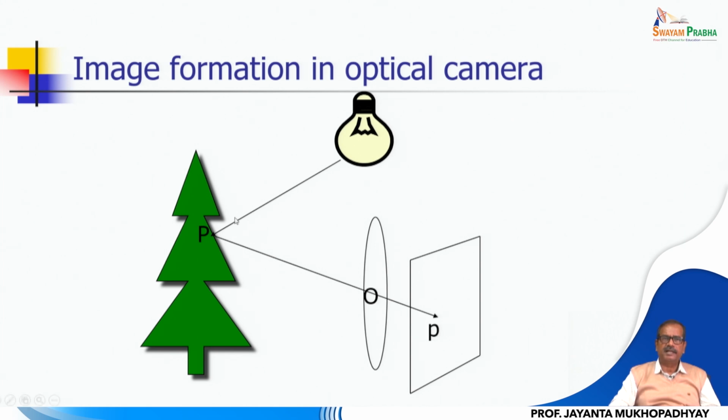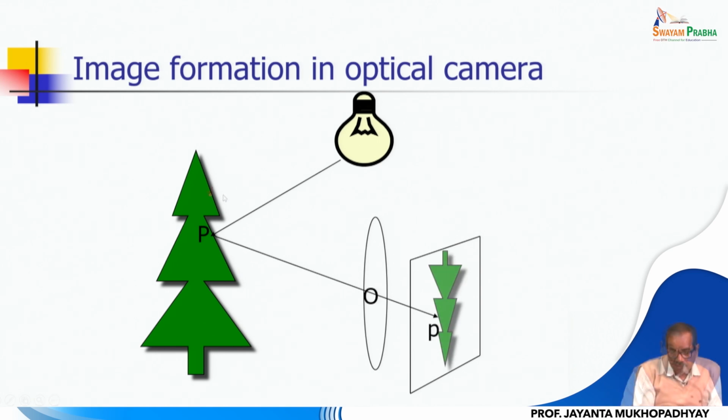If I consider any other object point, I construct a straight line passing through this center O and extend it. Where it intersects the image plane, that point becomes the image of this point.